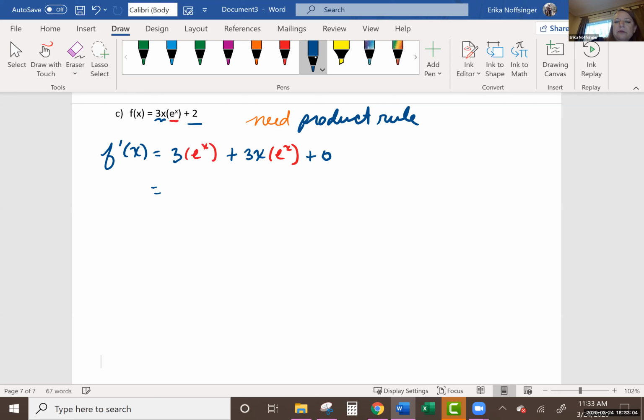And so we have 3e to the x plus 3x e to the x. And we want to know, when is this equal to 0?